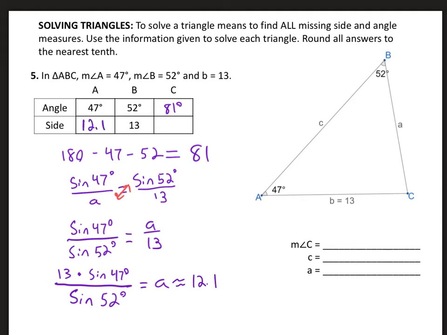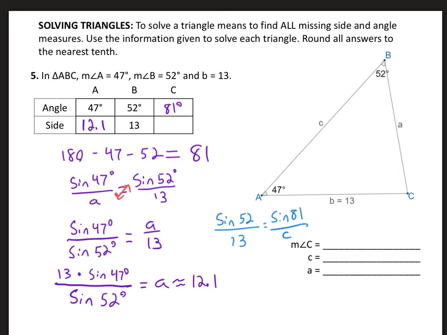Okay, the last thing we have is to solve for side C. I'm going to use my B angle ratio again, because I know the side I just found is a rounded value, and I know nothing in B is a rounded value, so it will give me a more accurate answer. So let's go for it with the next proportion.